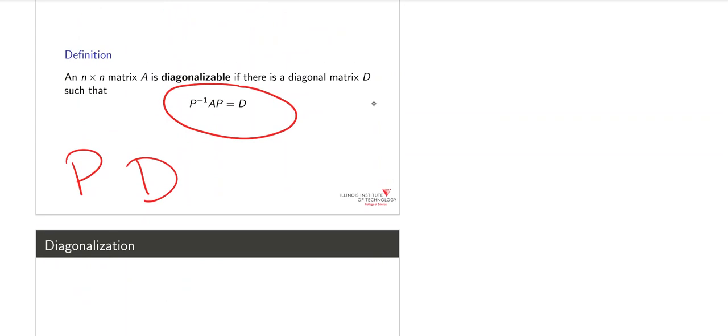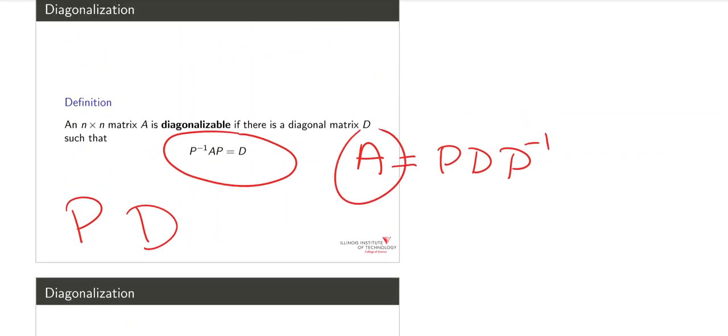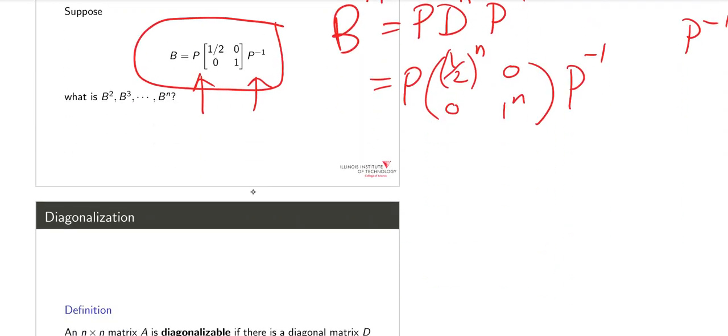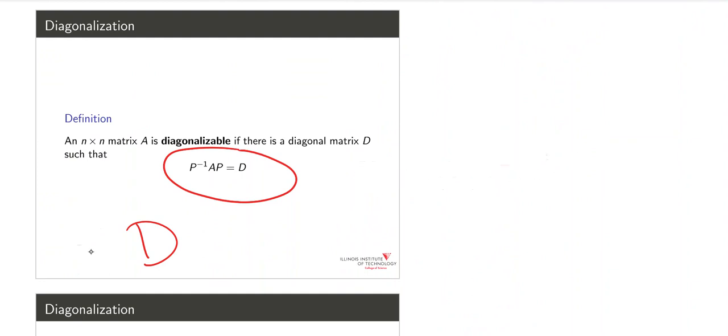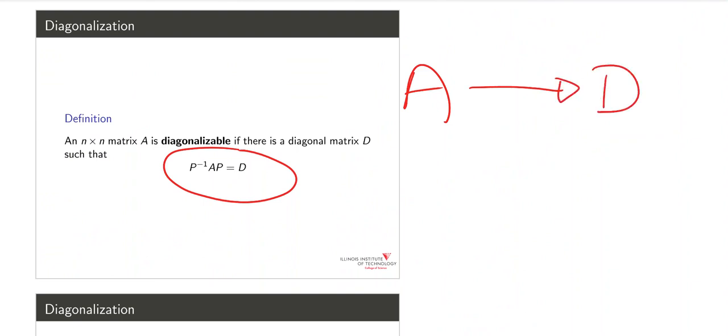Okay, so you can also write A is equal to P D P inverse. So our matrix A now is kind of like this matrix. So that's the definition of a matrix that's diagonalizable. So if you have a matrix A, you can't just change it to any diagonal matrix, because sometimes that's just impossible. So this is one thing that you have to remember.